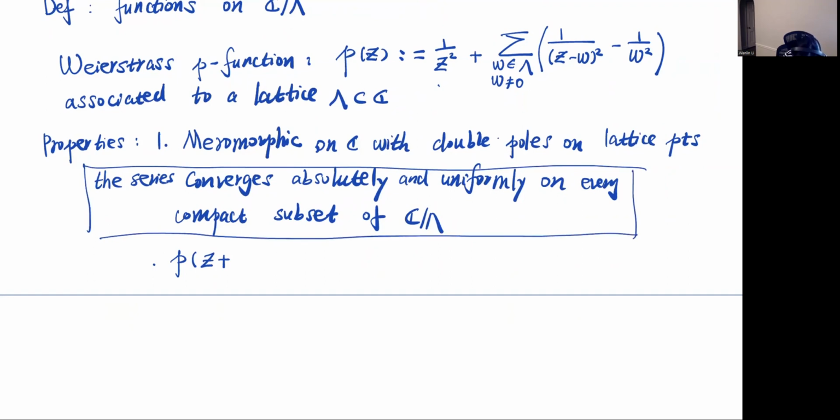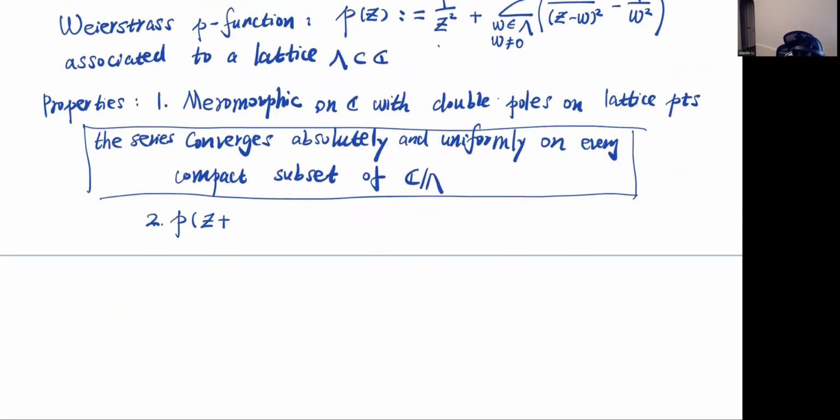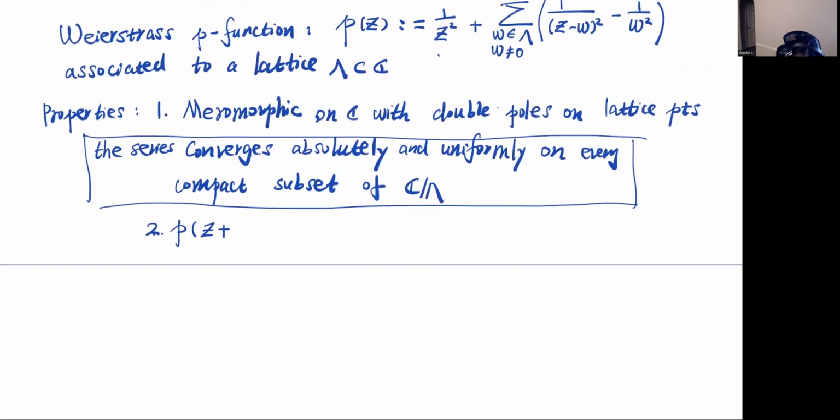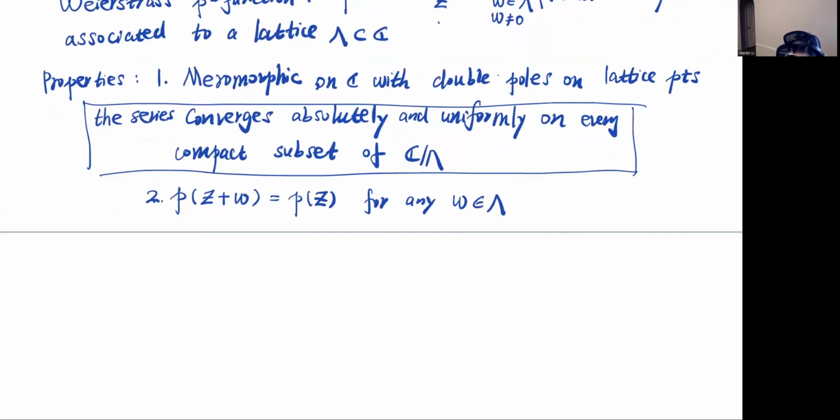So really, there are two properties. One is that it is meromorphic on C with double poles on lattice points. The second is that it is invariant under translation by a lattice element: P of z plus omega equals P of z for any omega inside my lattice, and any z.